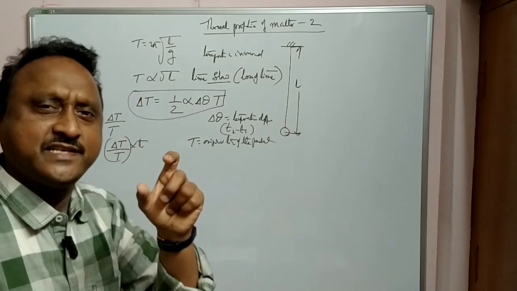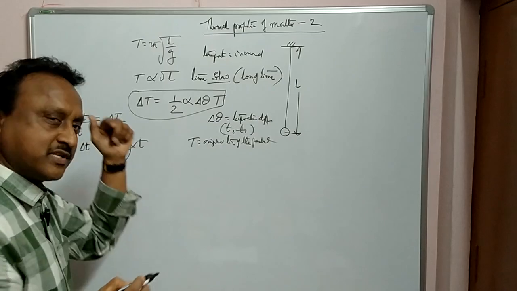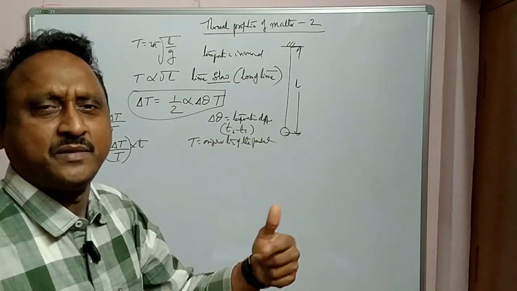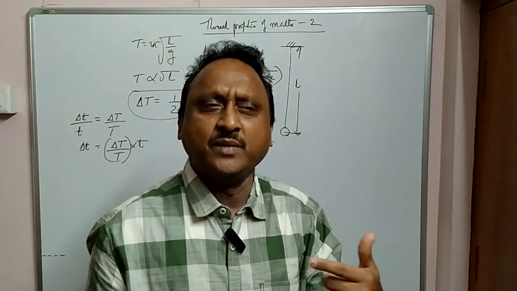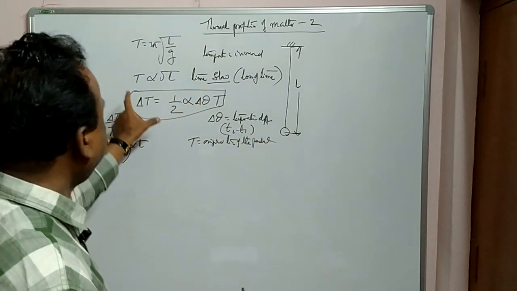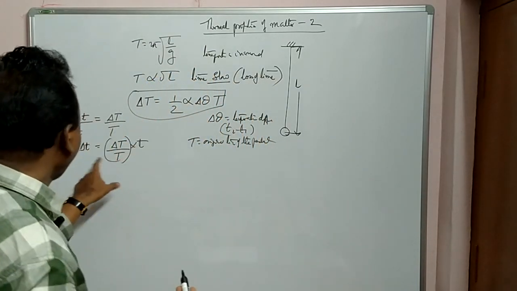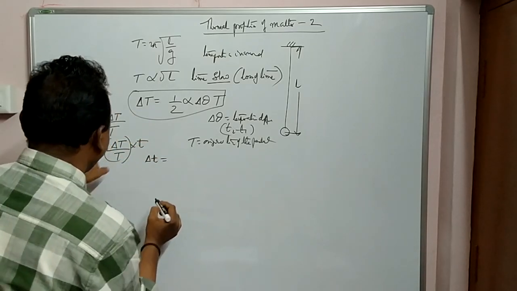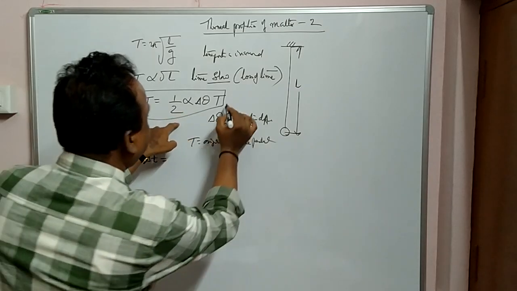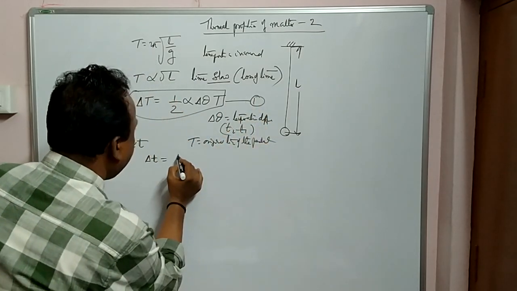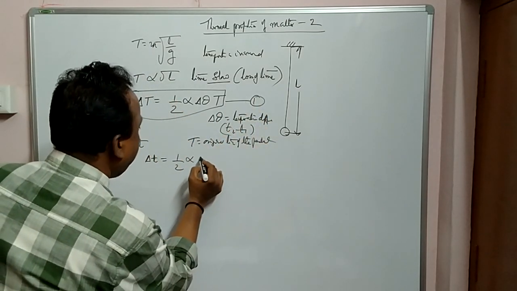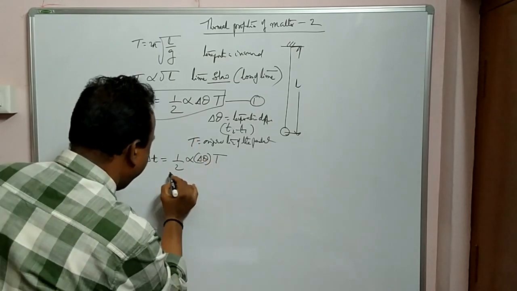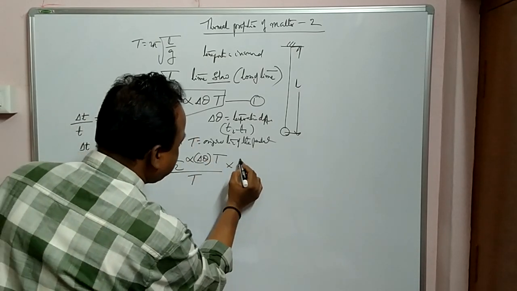Delta T is the change in time, loss or gain, T is the original time, and small t is the given time, like one day or two days. What will be the change in the time period of the pendulum? Putting the formula in equation 1, delta t is equal to half alpha change in temperature, this is delta T by T, into small t.